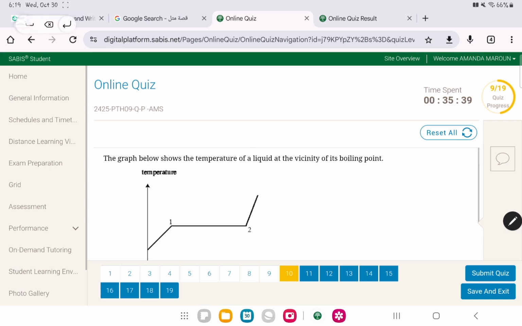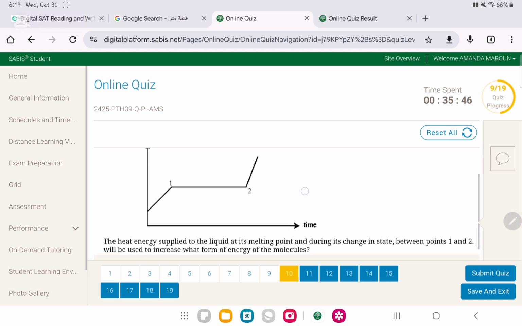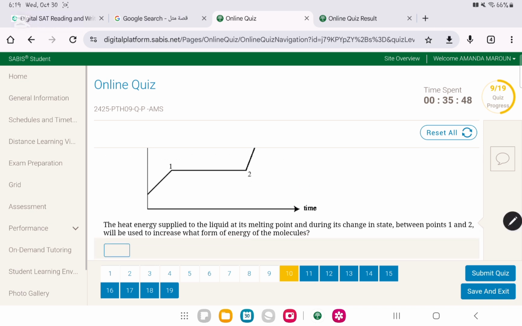Now we move on to question number 10. They told us the graph below shows the temperature of a liquid at the vicinity of its boiling point. They're telling us the heat energy supplied to the liquid at its melting point. So here, during its change in state between points 1 and 2, so they're talking about this flat line over here. They're telling us the heat energy supplied, okay, what form of energy will it increase?